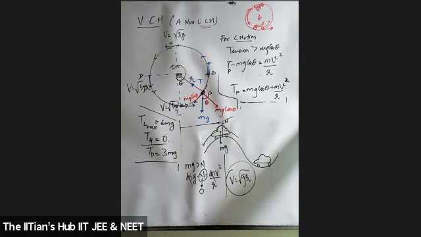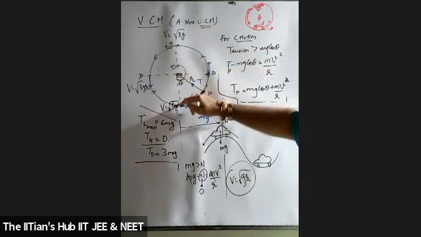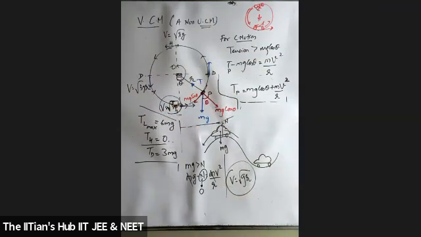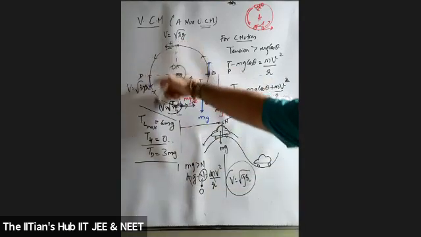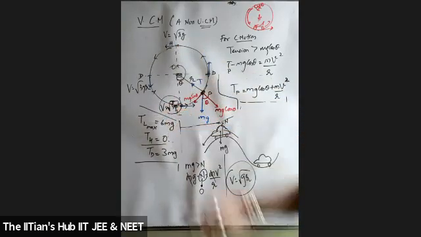Is it clear? Agreed? Now once I get the velocity as √gr, students, by using the law of conservation of energy, can I get the velocity at the lowest point as √5gr? Students, here we got √gr. By the law of conservation of energy, the total mechanical energy is conserved, so can I get velocity as √5gr at the lowest point?